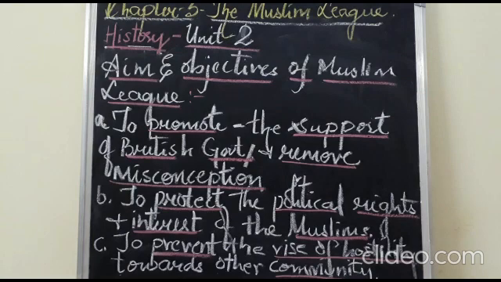The second, to protect and advance the political rights and interests of the Muslims and to represent their needs and aspirations to the government in a mild and moderate language. That means a policy of appeasement was followed. The third, to prevent the rise of feeling of hostility between the Muslims of India and other communities.